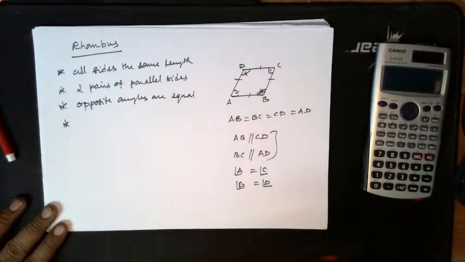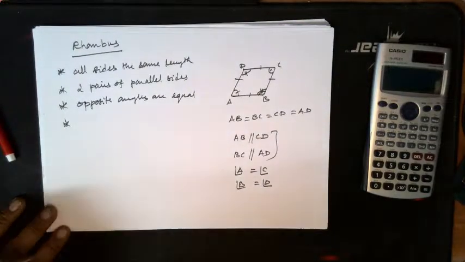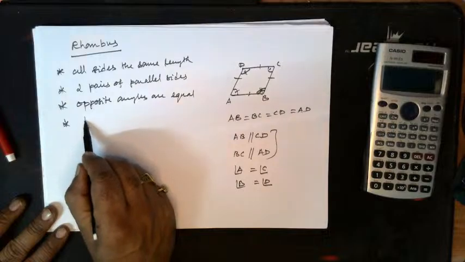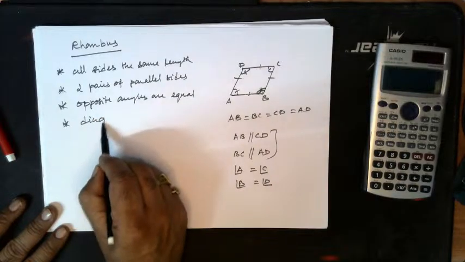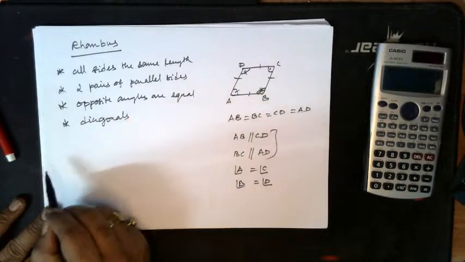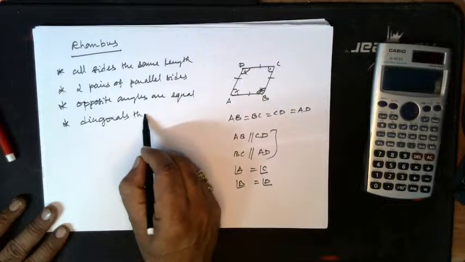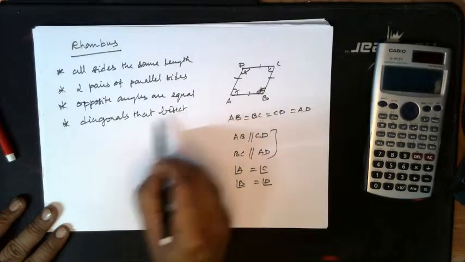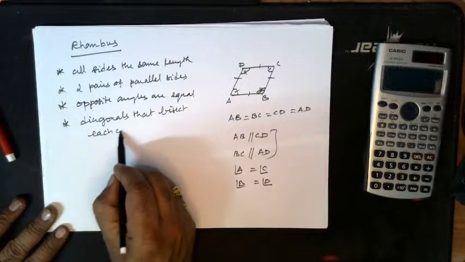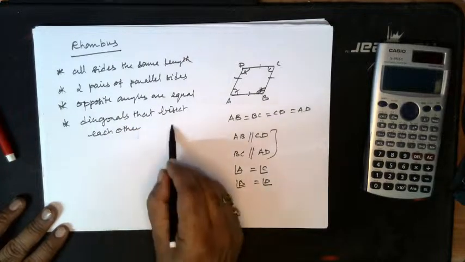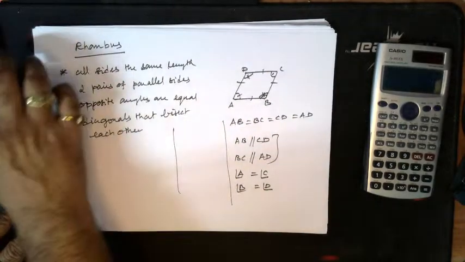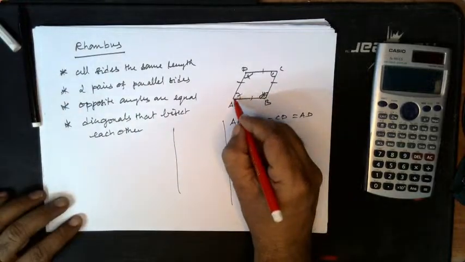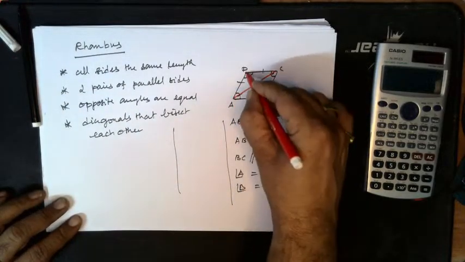Next property, diagonals that bisect each other. They have two diagonals that bisect each other. So what are those two diagonals? We have AC and BD.